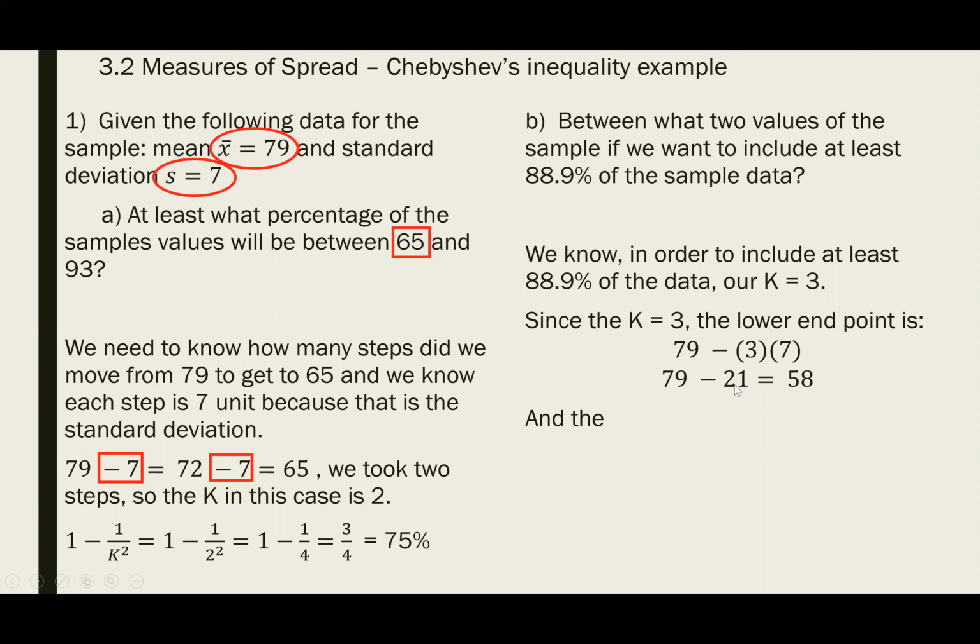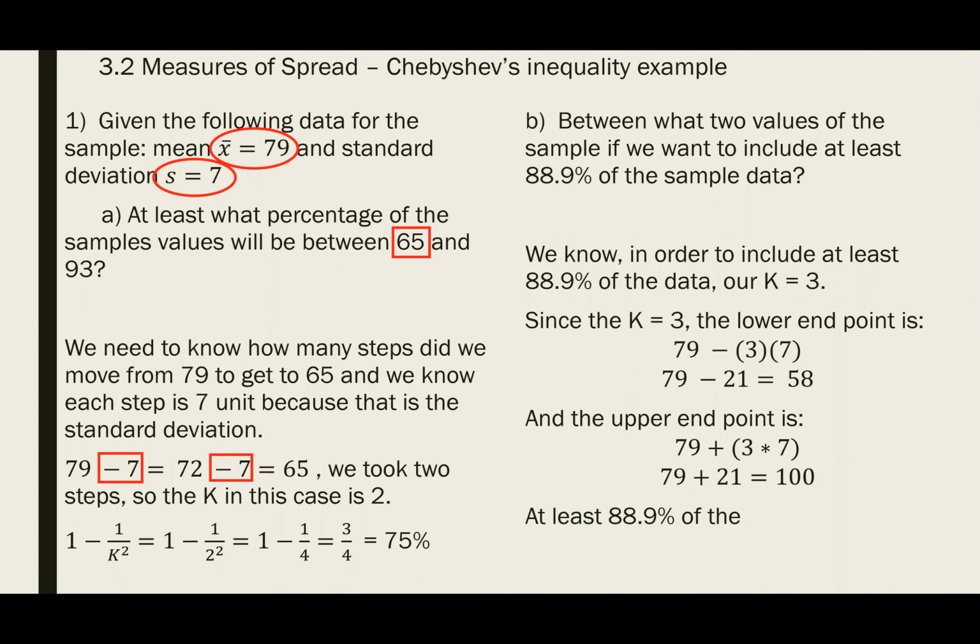And to find the upper limit, I take the same number, 79 added to 3 times 7 to give me 100. So in short, between 58 and 100 will cover at least 88.9% of my data.